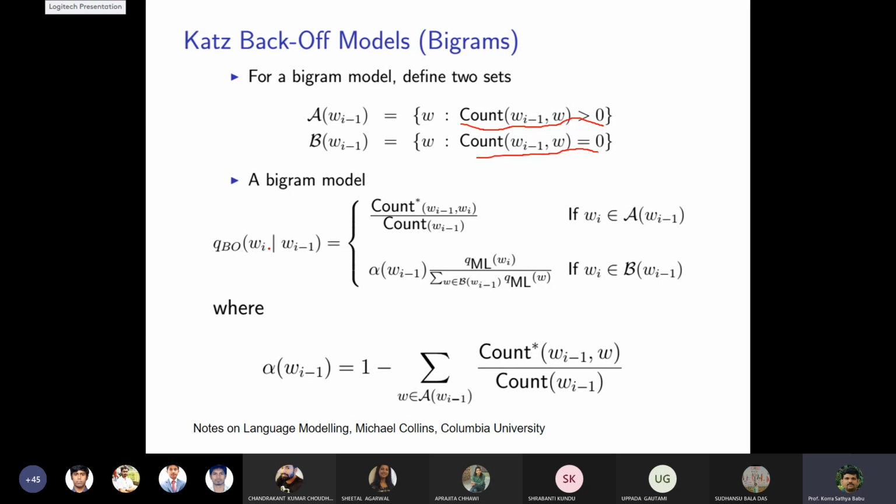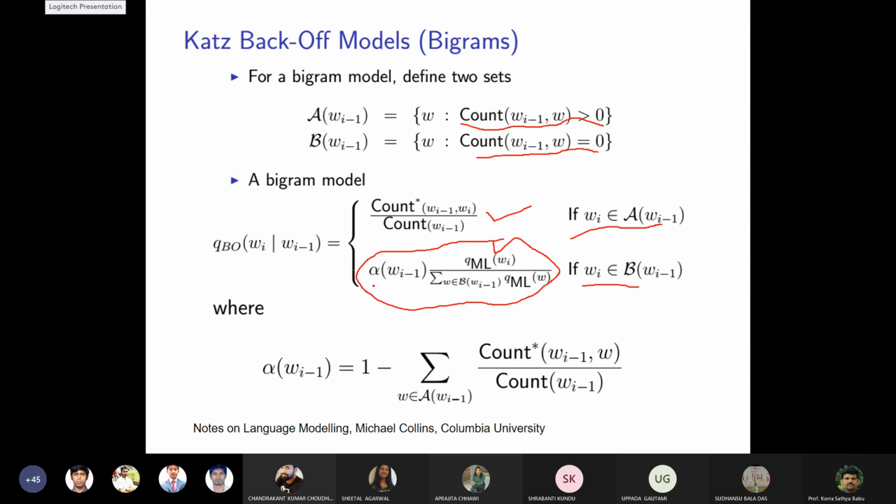So you give Katz's backoff model: P of wi given wi minus 1 is like this. If wi belongs to A, it occurs greater than 0 times, then you apply this formula and substitute the values. If the count is 0, then you apply this particular formula.